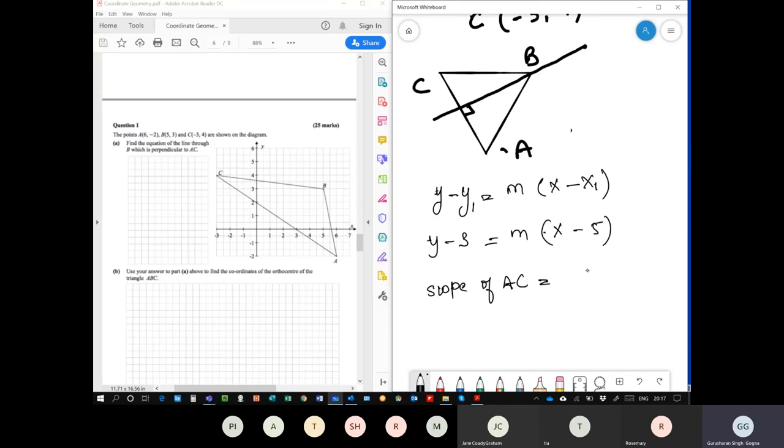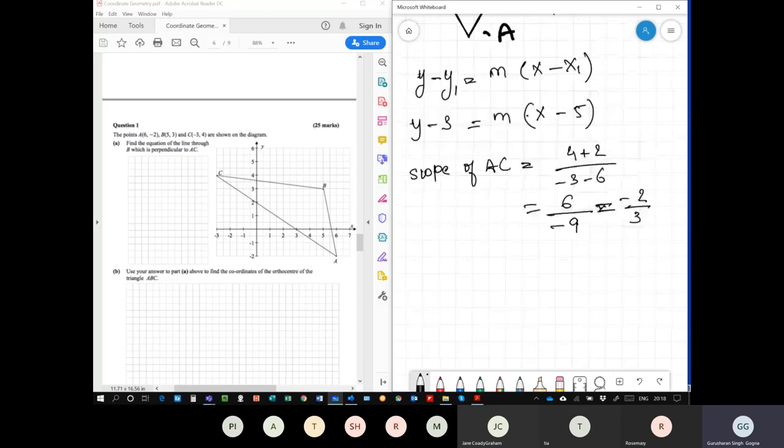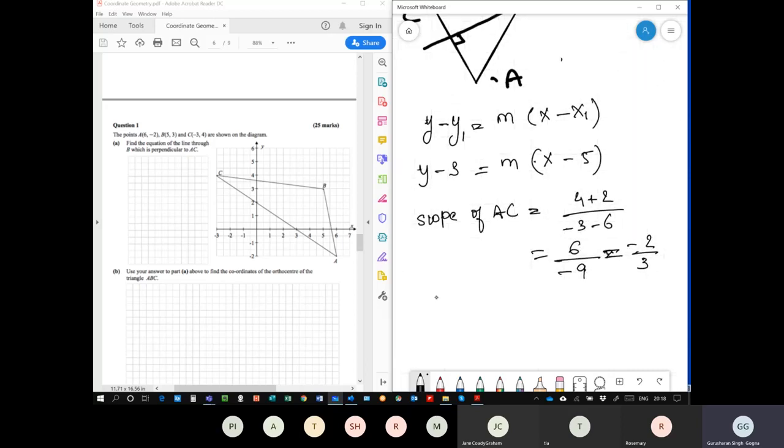So the slope of AC would be 4 plus 2 over minus 3 minus 6. So 4 plus 2 is 6 and this will give you minus 9. So you can simplify. It will give you minus 2 over 3. So the slope of AC is minus 2 over 3. But we are not interested in the slope of AC. We are interested in the slope of the line perpendicular to AC.